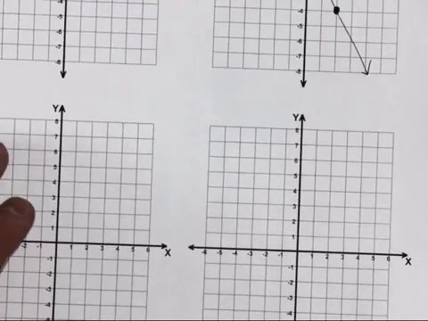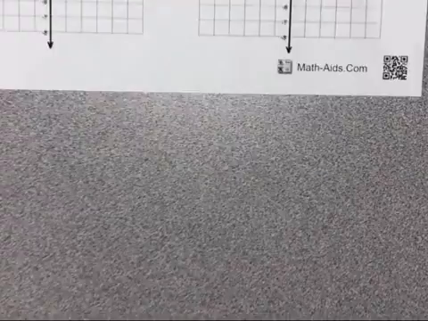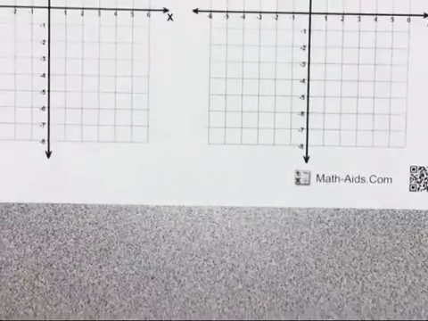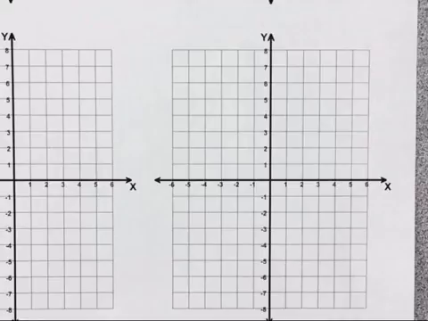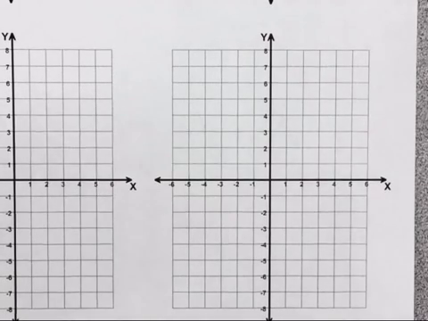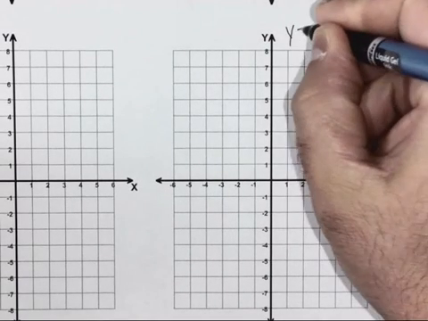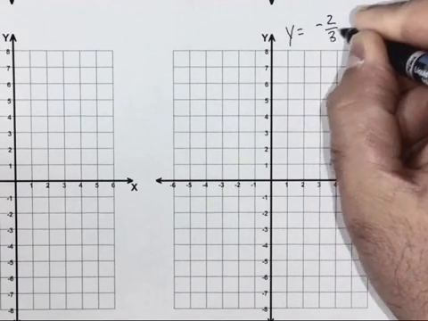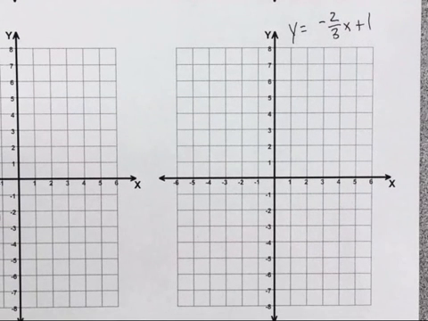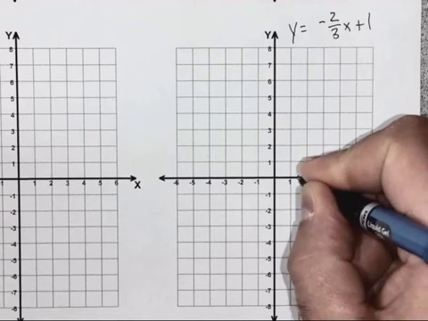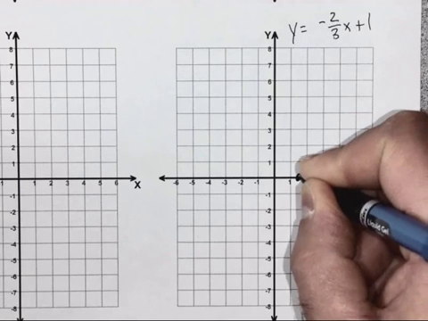So we've got our equation, y equals negative 2/3 x plus 1. So our 3 points is 1.5, comma 0. That's our x-intercept. So 1.5 is going to be between 1 and 2 here.